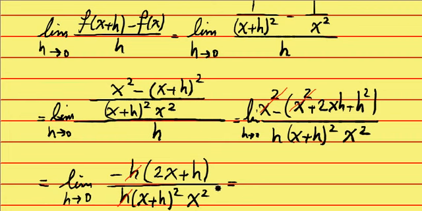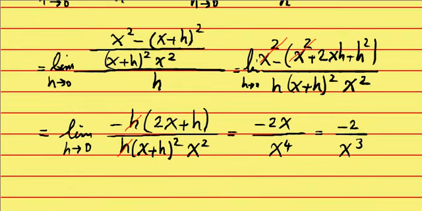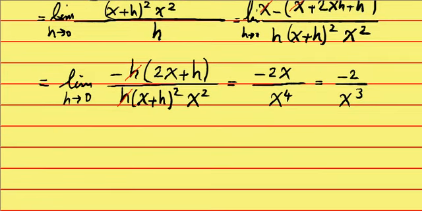So as h goes to 0 in the numerator, I'm left with minus 2x. Denominator, this is x squared, another x squared makes x to the power of 4. The net is minus 2 over x cubed. This whole thing would make sense so long as x is different from 0. Notice that any of these calculations that we do adds one more item to our table.